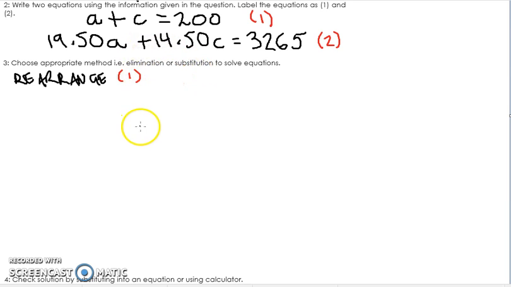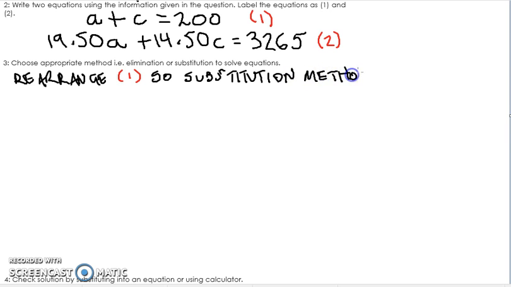I'll show you what I mean. So I'm going to rearrange the first equation so that the substitution method can be used.